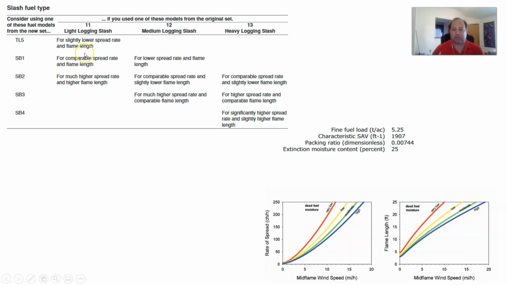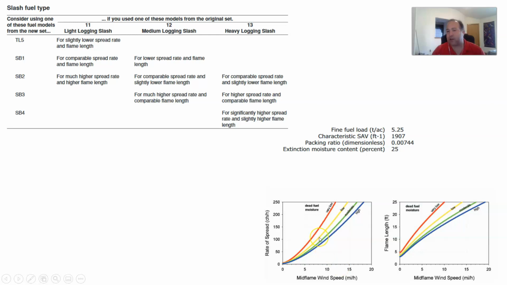That's slash. Whenever there's a lot of stuff on the ground, that's slash. And so we've got timber 1, and 4 of the different slash models, and you can see that there were 3 different slash models in the older set.